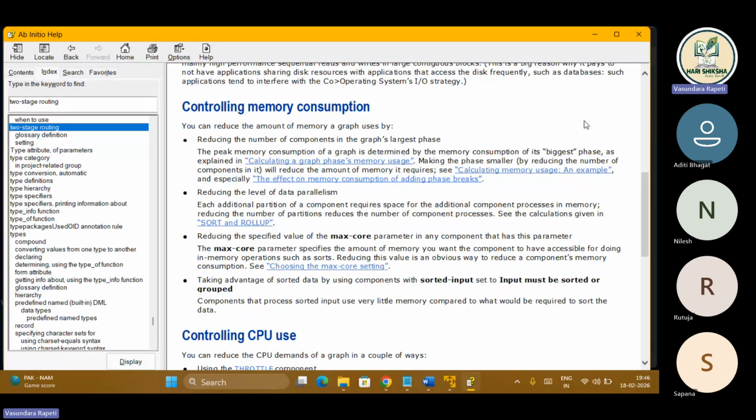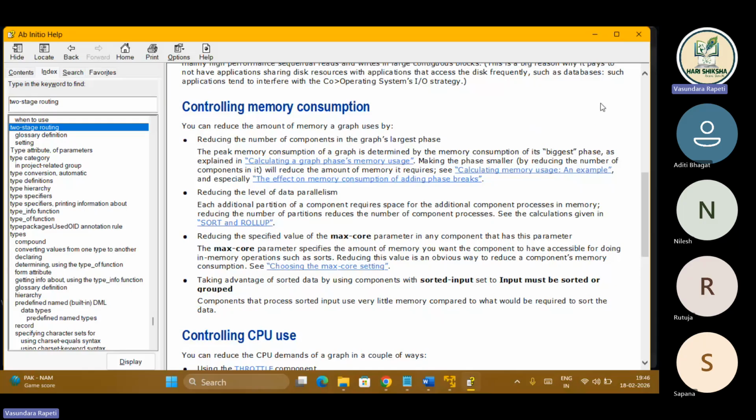But instead of the first phase being 100 GB, if you keep it in five phases and reduce the number of components, the first phase takes only 60 GB, and that 100 GB phase you divided into two, 60 and 40. So the phases are 60, then 40, then 50, 30, 10, five phases.